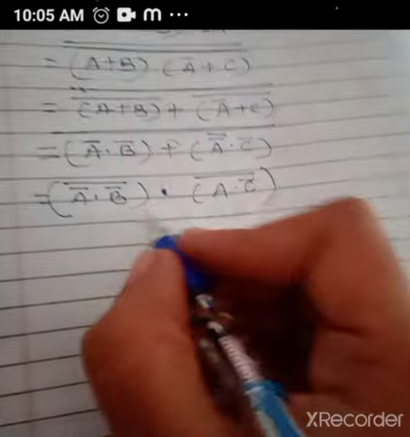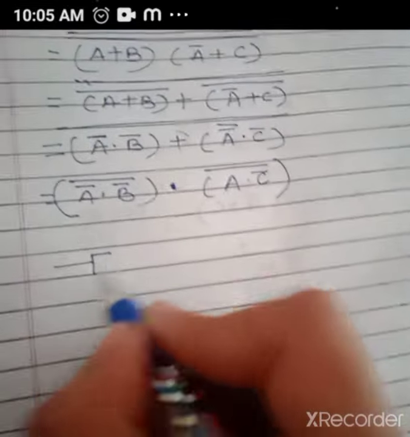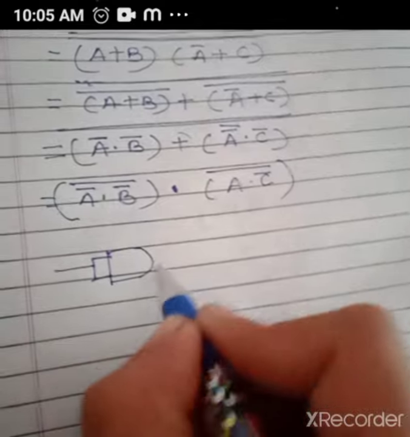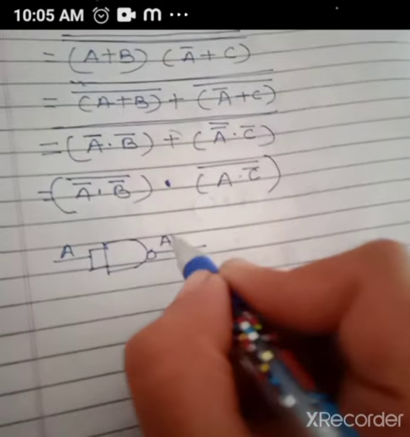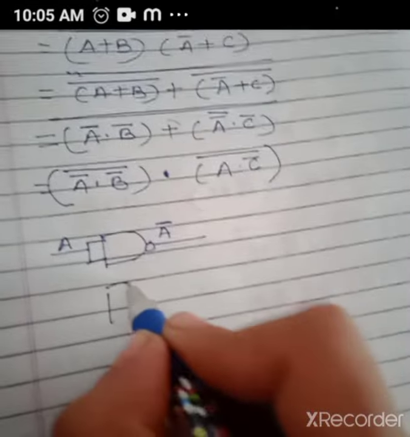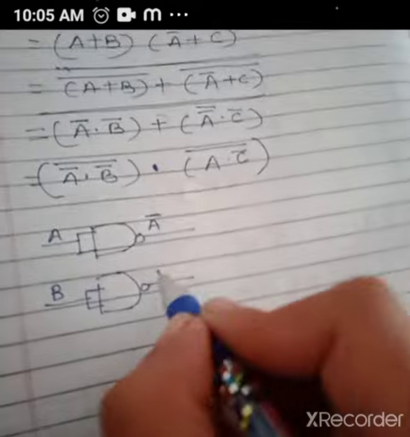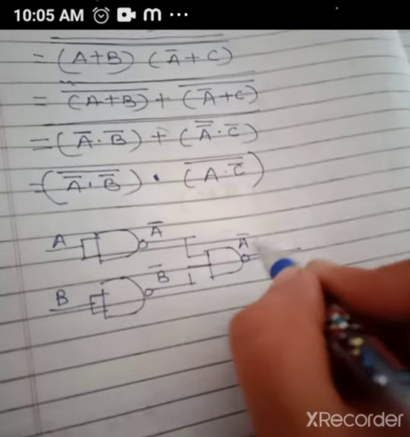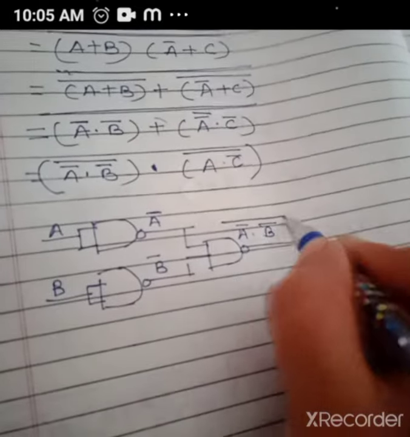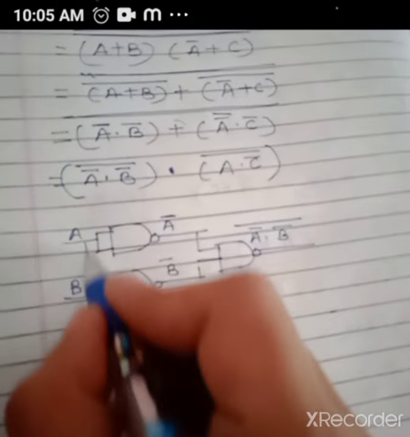If we want to draw the logical diagram, take NAND inverters for these two. Why NAND inverter? Because we want a bar and b bar. So here you will get a bar. If you use a second inverter, it will give you b bar. Combine these two with NAND only, which will give you (a bar dot b bar) whole bar. For this, take a as it is.